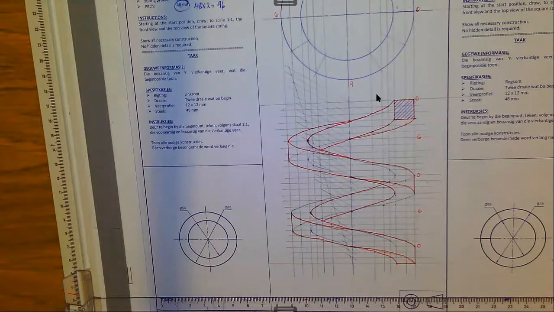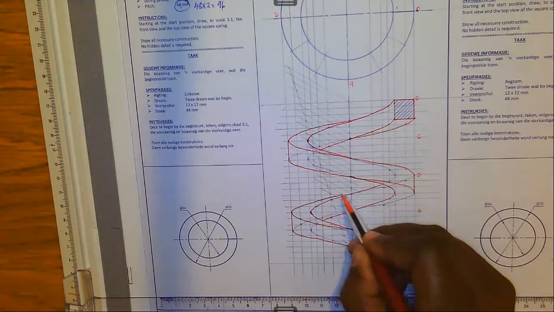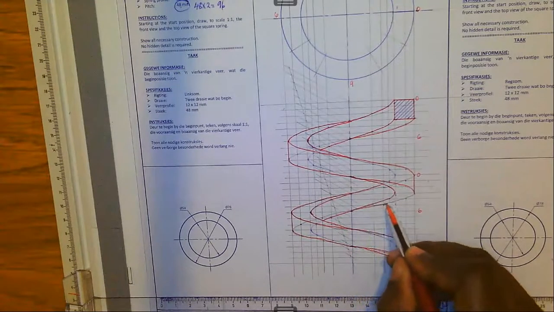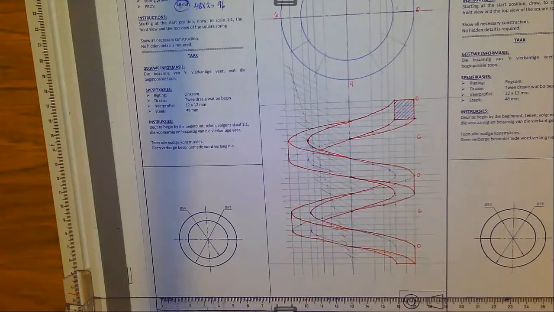All right, okay. Then you also have got this one, like that. Then you complete by showing this one, like that. Now you have got your spring.